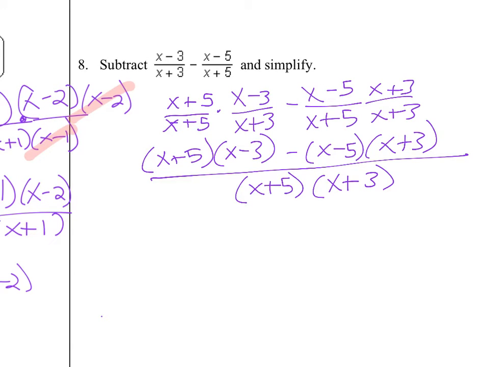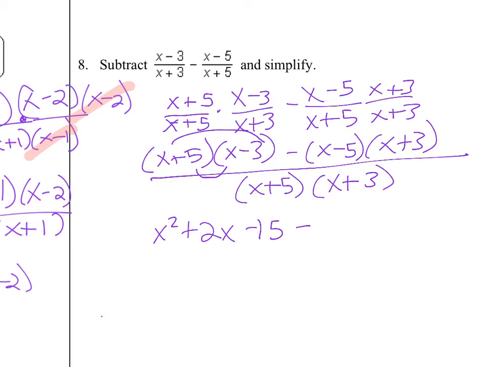All right, so I have to FOIL the top, the numerator. I'm going to get x squared plus 5x minus 3x is plus 2x, and then a minus 15.